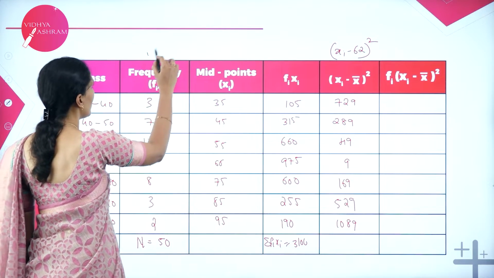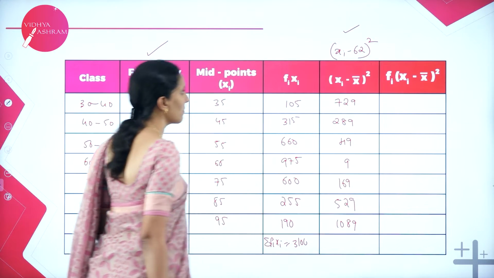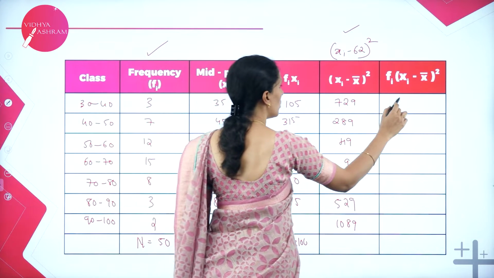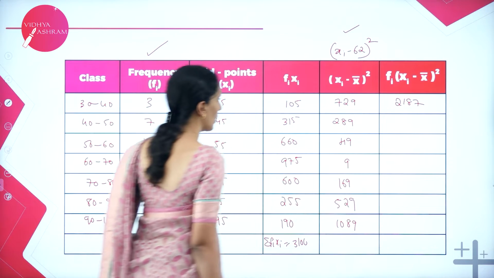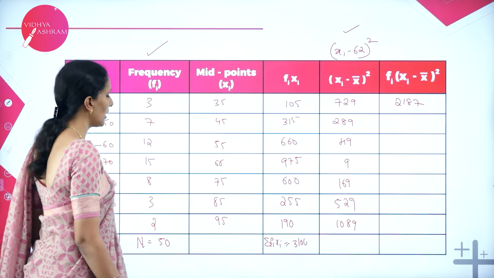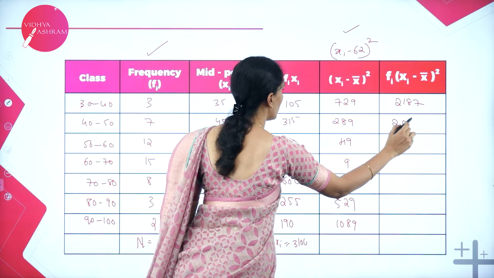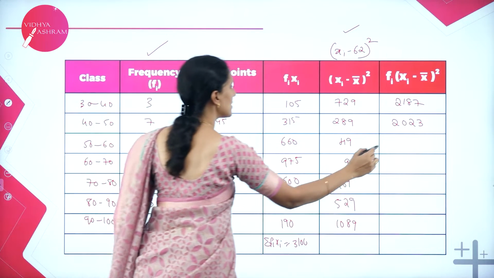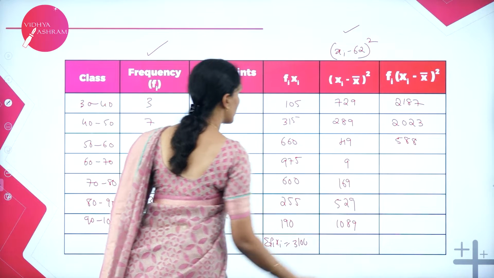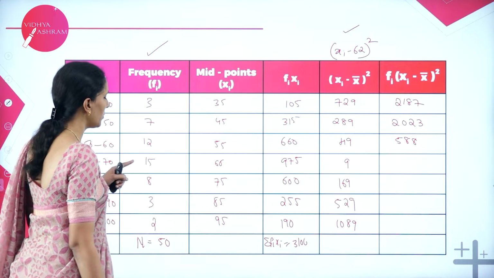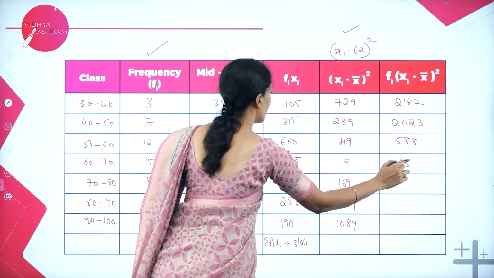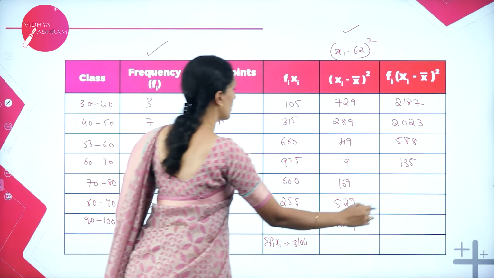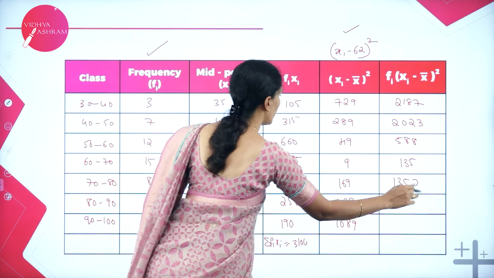Now let us multiply the frequency column with this xi minus x bar whole square. 729 into 3, we get the value as 2187. 289 into 7, we will get 2023. Next, 12 into 49, we will get 588. Next, 15 into 9, which is 135. Next we have 8 into 169, which is 1352.